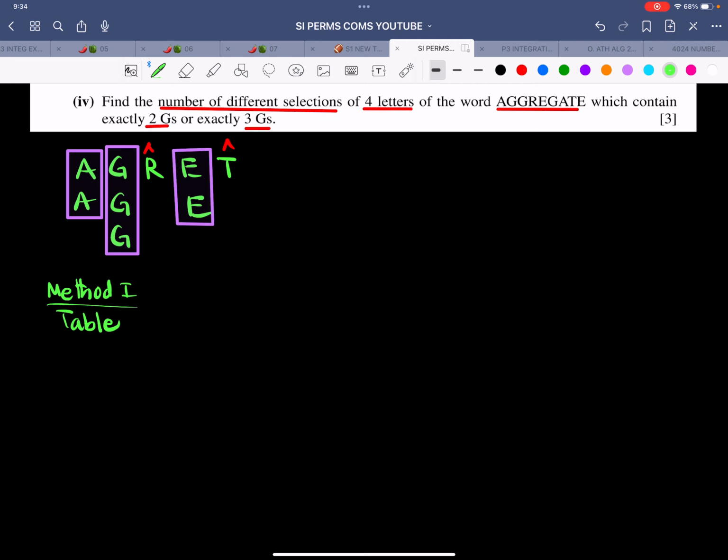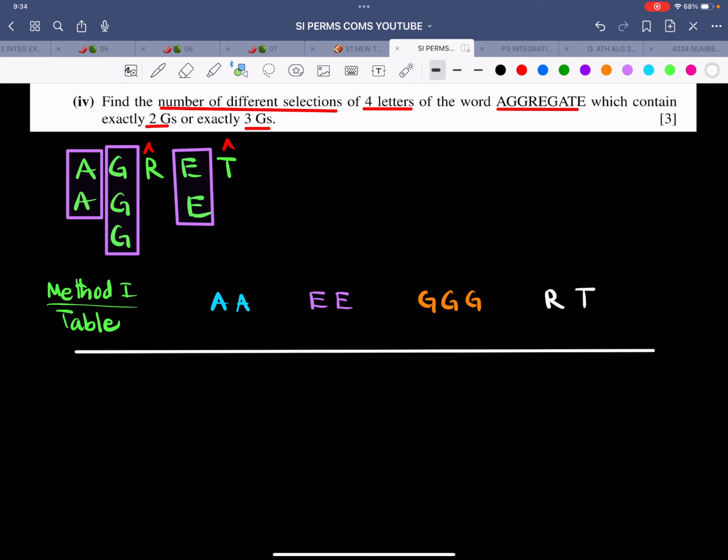So let me first write the 2 A's over here. Let me write the 2 E's over here. So 2 A's, 2 E's, and what else is there? There are 3 G's. So there is a G, and there is a G, there is a G, and last but not the least, that is R and T. And let me draw a lot of lines over here because the possibilities are many.